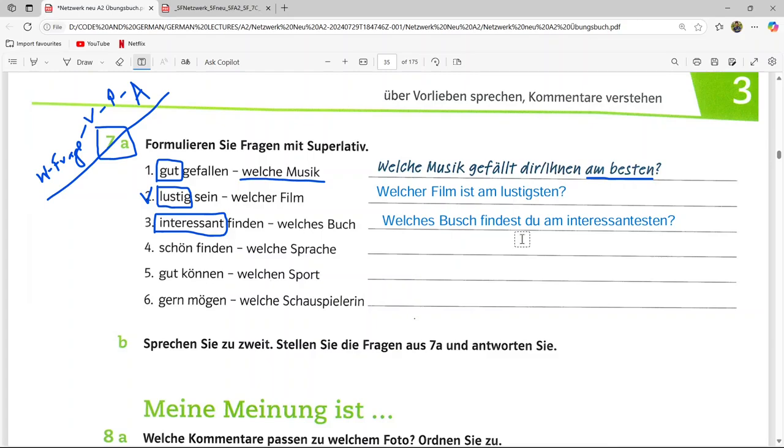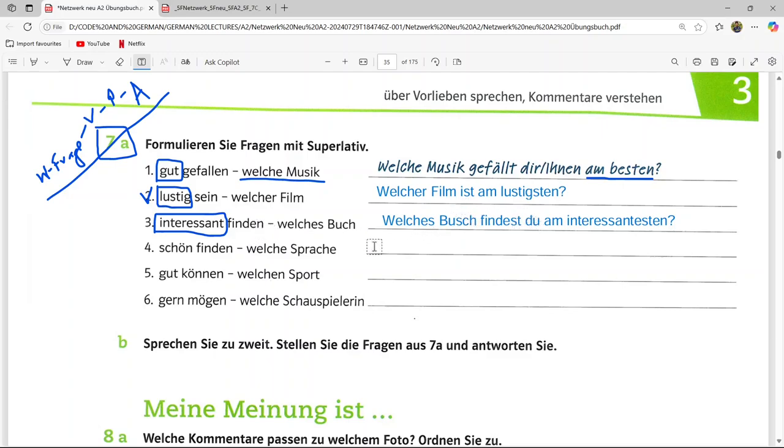Like this. Okay. The thing is that in this case, which film is funny? So we don't directly have to tell someone you, since the verb finden is used here. So we are asking that you find. Okay, so like this we used du here.